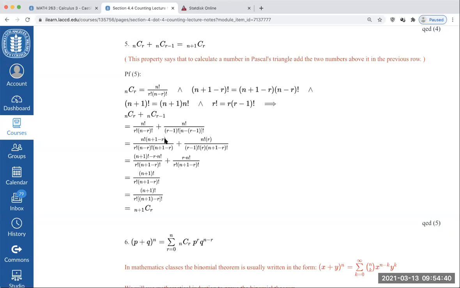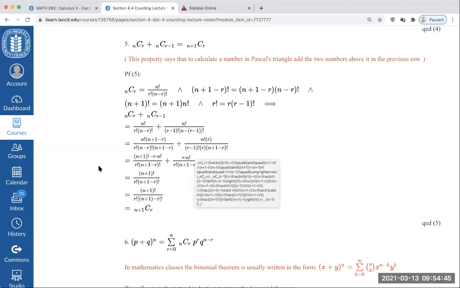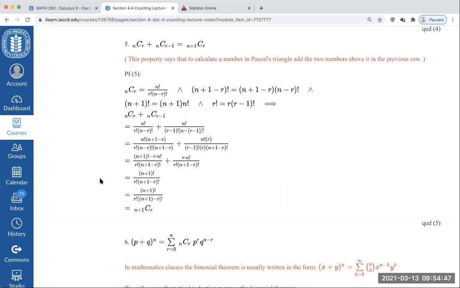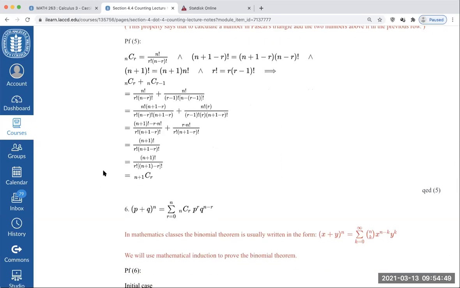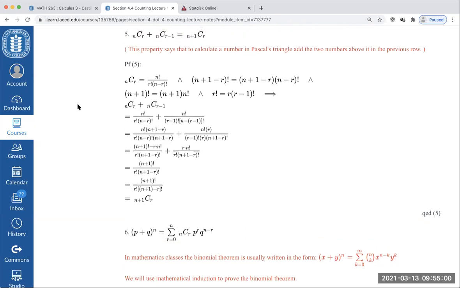And I have a minus r times n factorial, which will cancel. So I just have n plus 1 factorial in the numerator, and I have an r factorial and n plus 1 minus r factorial in the denominator. Which means, if I replace n by n plus 1, that's just n plus 1 C r. And that's what I wanted to show.